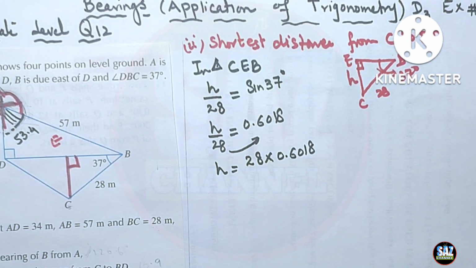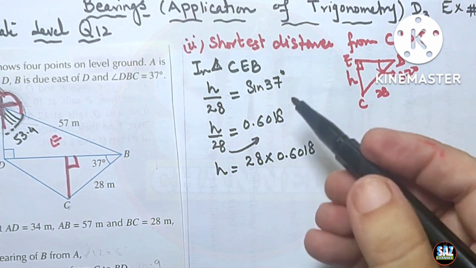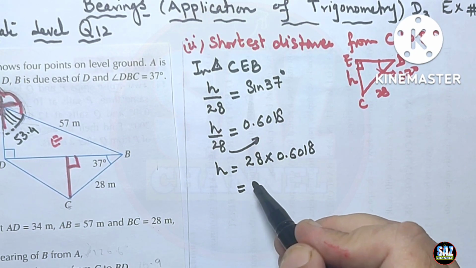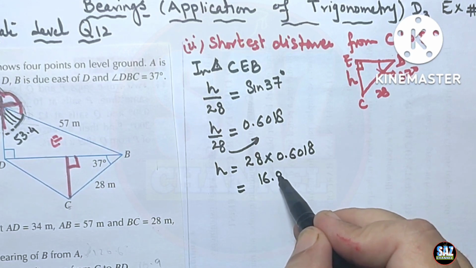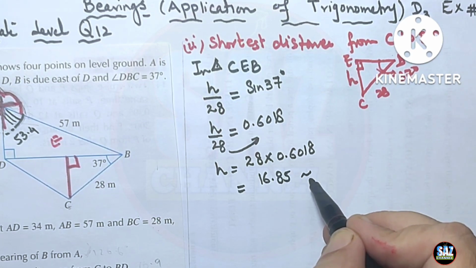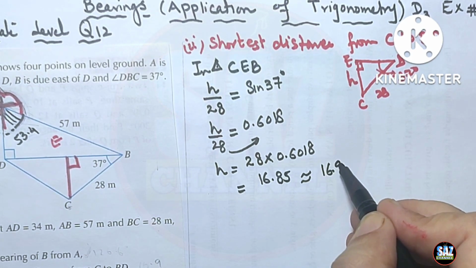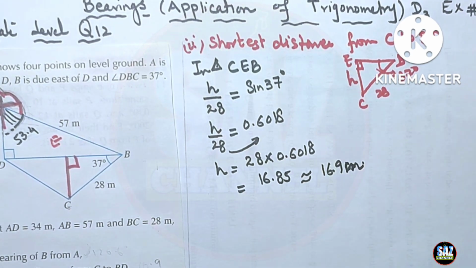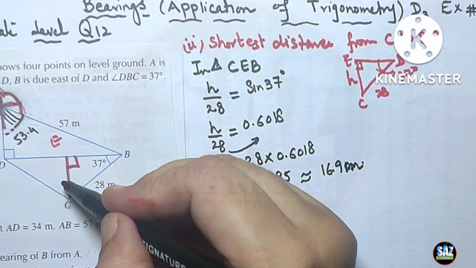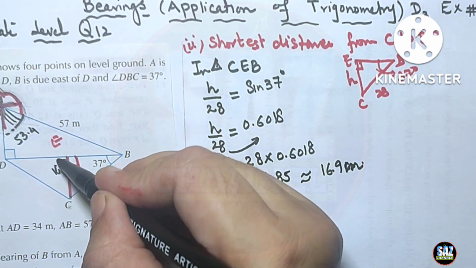This is 16.85, which is approximately equal to 16.9, and measurements are in meters, so I'll write meters. So we have got the answer for this height as well: 16.9. I hope you are clear about this.